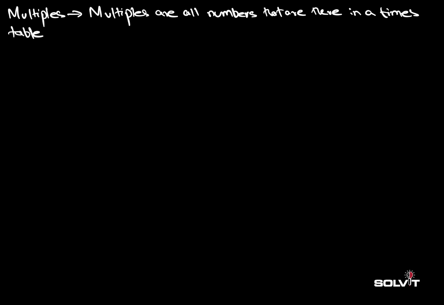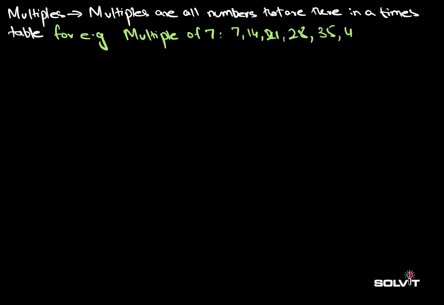This is a very easy to understand definition of multiples. The best example is multiples of 7. Whatever numbers are there in the table of 7 are said to be the multiples of 7. Simple. 7, 14, 21, 28, 35, 42, 49. So these are the first 7 multiples of 7.